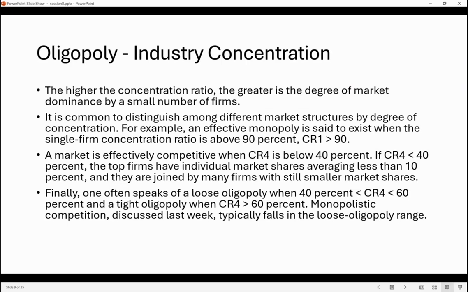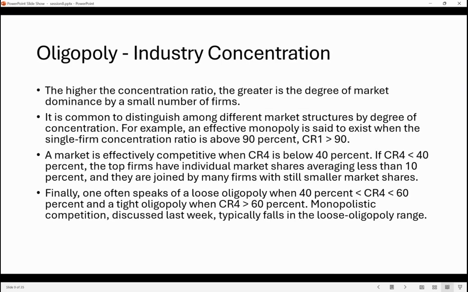If the CR4 ratio is somewhere between 40% and 60%, we usually call that market an oligopoly, right? It could be tight oligopoly or loose oligopoly, but it's oligopoly. For tight oligopoly, it's going to be more than 60%, but for the loose oligopoly, it's going to be somewhere between 40% and 60%.